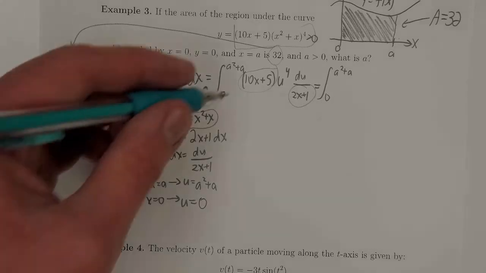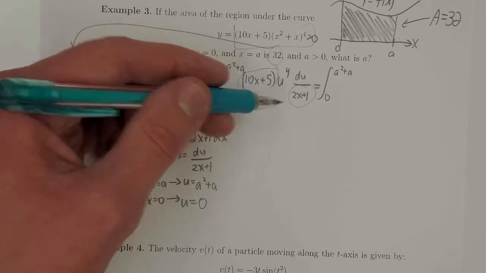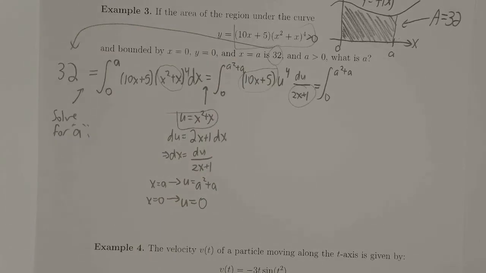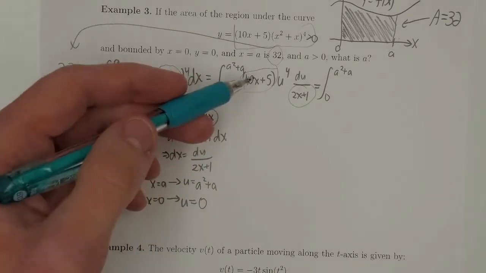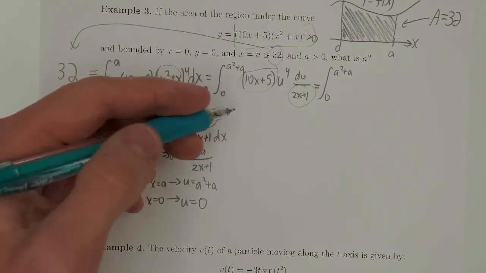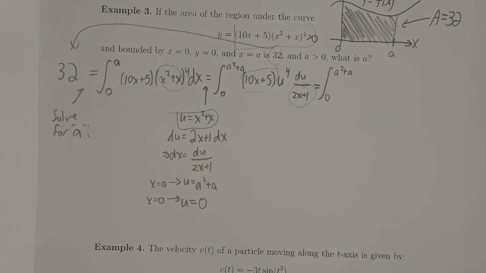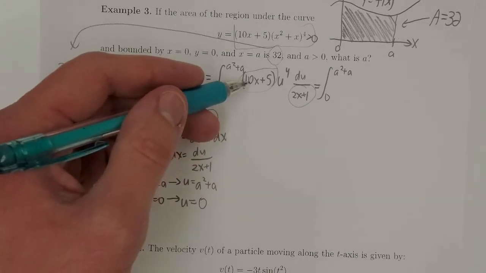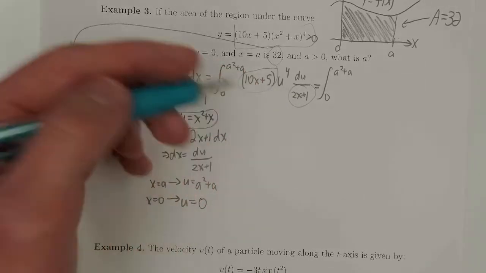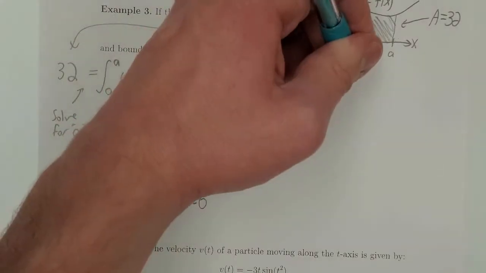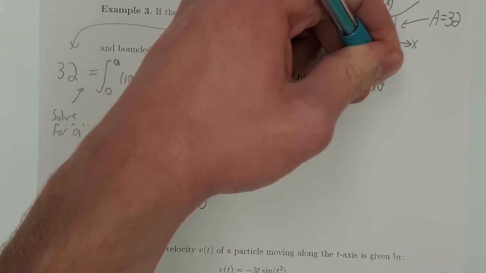So in other words, how does 10x plus 5 over 2x plus 1 simplify? Well, not quite. So if we take a look at these two terms here, right, they both have a factor of 5 in them, right? So if we factor out that 5, what do we get out of that? 2x plus 1, right? So that should tell you that this divided by this is just 5, right? So then we have 5 times u to the 4th du.